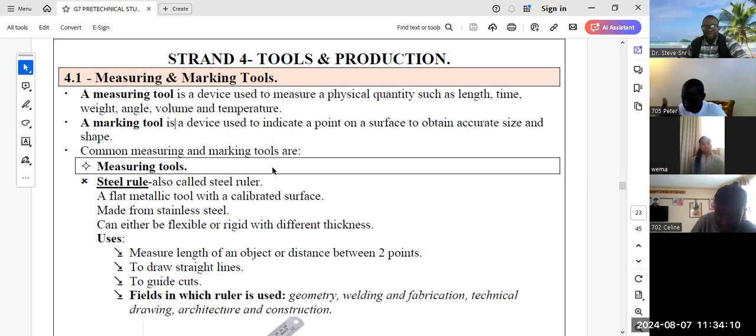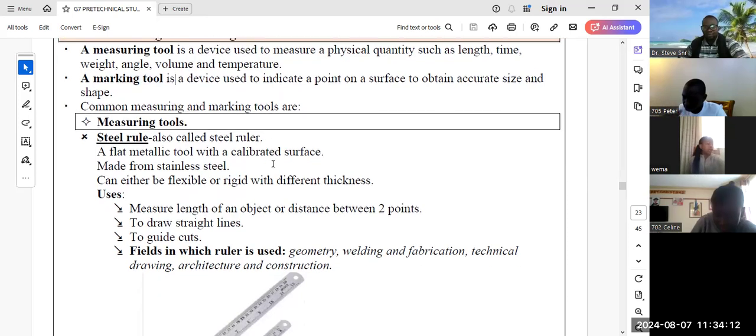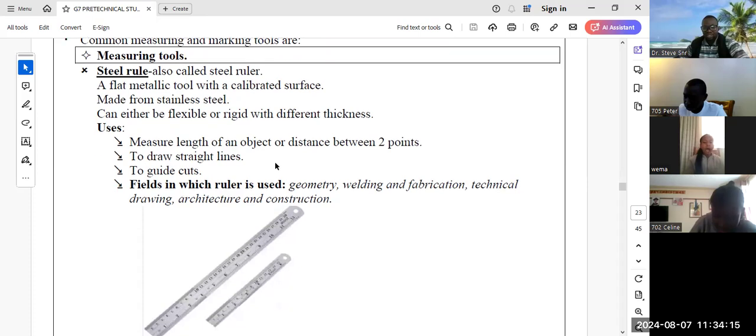Now, we have the examples of measuring tools right down here. And we had started with the steel rule. We said that steel rule is also called steel ruler.